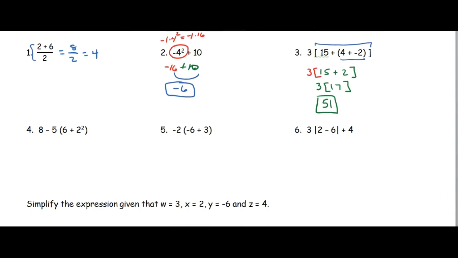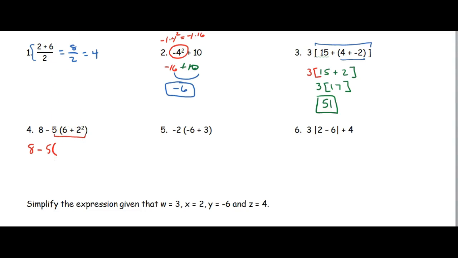Okay, number 4 here. A lot of people are going to want to do the 8 minus 5 first, but you can't. You have to work the parentheses and get rid of this multiplication before you can do anything with that 8. So we would bring down the 8 minus 5 times.